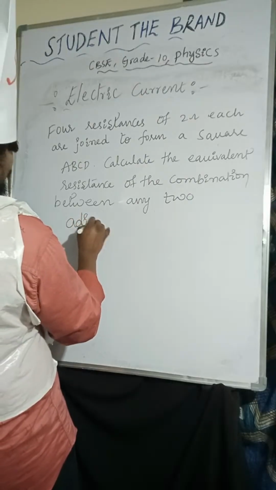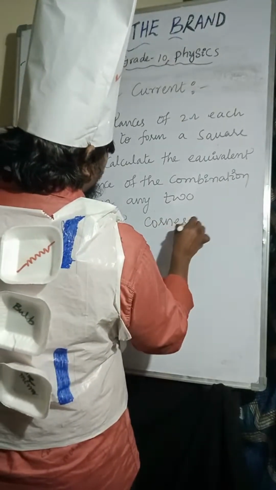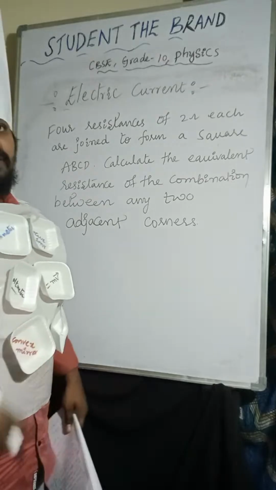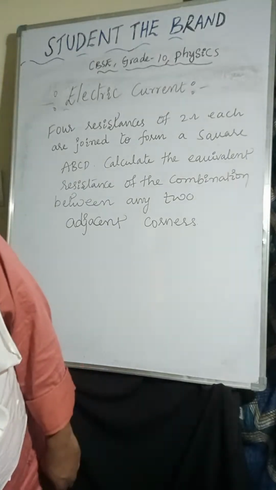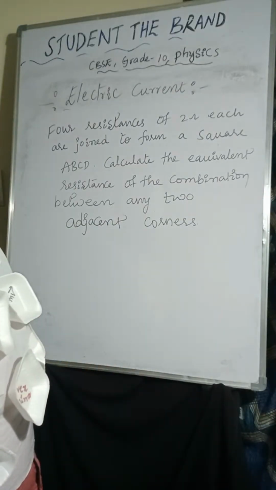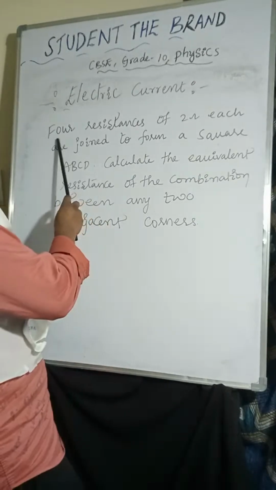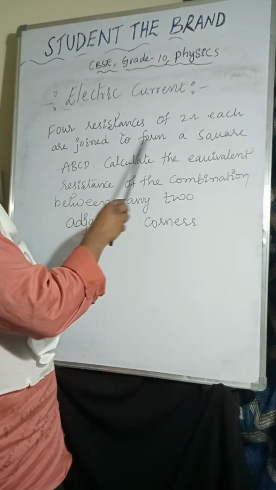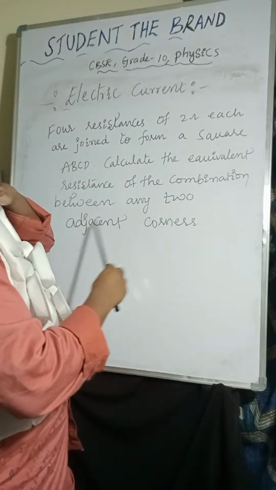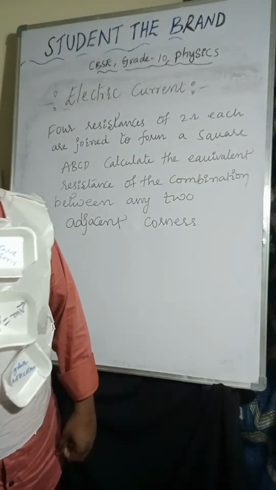So adjacent corners. Can you try to do this problem? Four resistances of 2 ohm each are joined to form a square ABCD. Calculate the equivalent resistance of the combination between any two adjacent corners. So try to do it. I'm giving time.